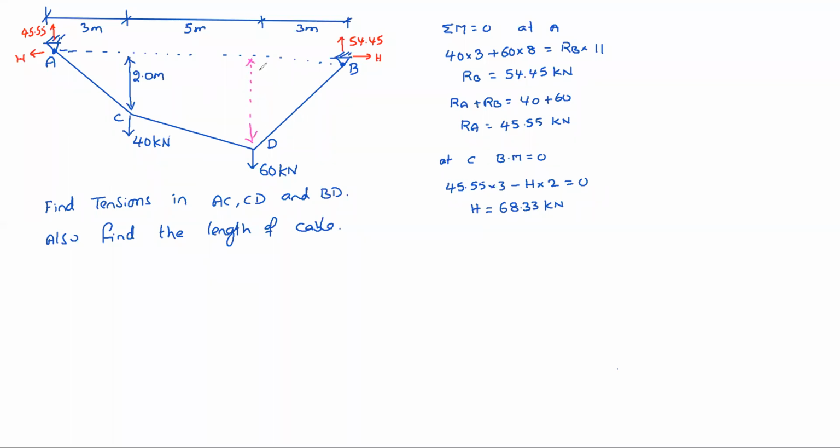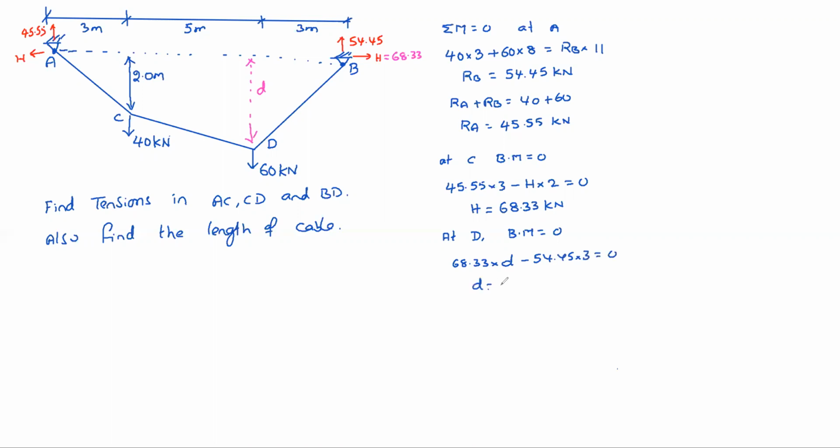After getting H, we need to find this dip, this one. Let us assume it is D. To find D, you already know this H, 68.33. Now take bending moment at D equal to 0. By using that condition, you can find that dip also. At D, bending moment equal to 0. So 68.33 into D minus 54.45 into 3 equal to 0.